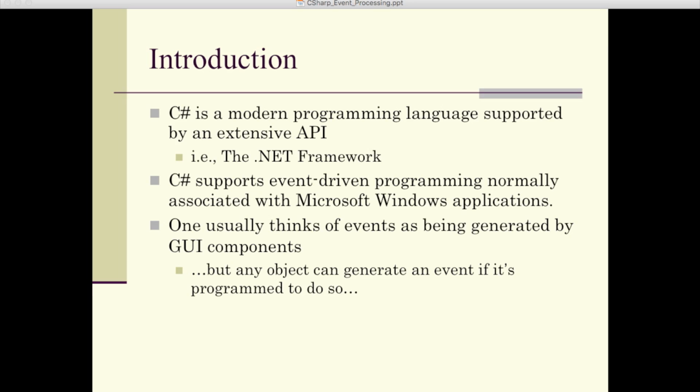One normally thinks of events being generated by GUI components, because that's the most visible piece of an application. You have a window with some menus and buttons and text boxes, but any object can generate an event if it's programmed to do so.